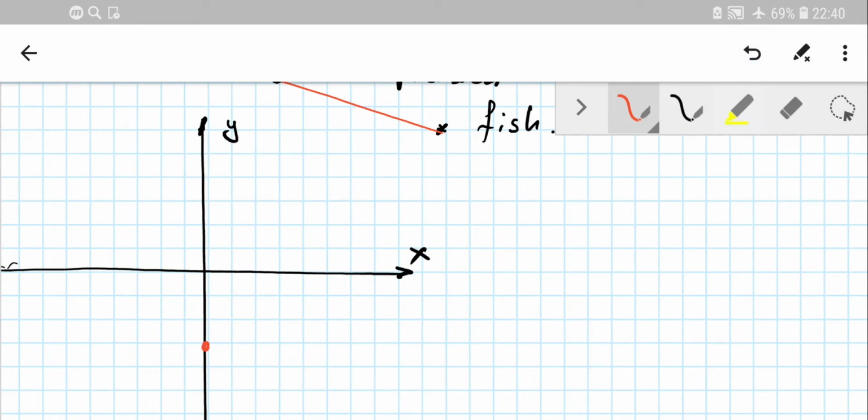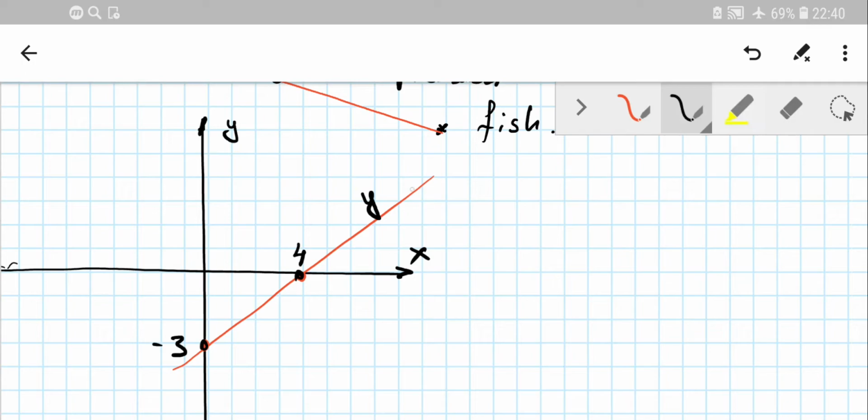I'll prefer to use a positive angle and positive slope. So okay, that's our line. It goes this way. First of all, let's try to set up an equation for this line.